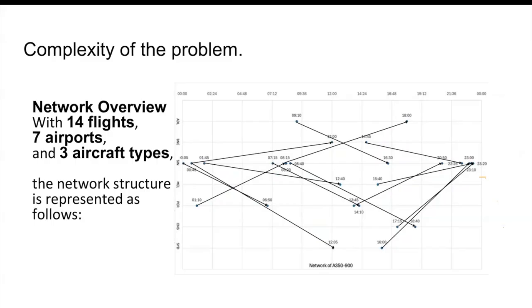After running this model, it assigns an aircraft type to each flight while satisfying all constraints. The model found the minimum number of aircraft required to cover all flights efficiently. 9 aircraft in total are required. This structure reflects a real-world airline schedule and ensures feasible, cost-effective operation.